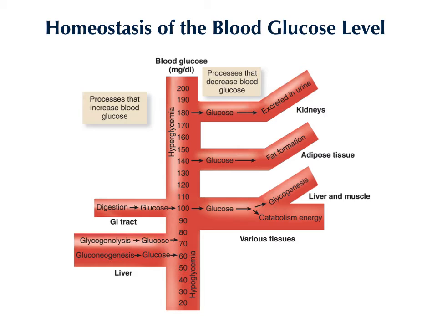At even higher levels, say when you look at this cartoon and you see consistent blood sugar levels about 140 milligrams per deciliter, then glucose travels through the blood and goes into forming fat in your adipose tissues.